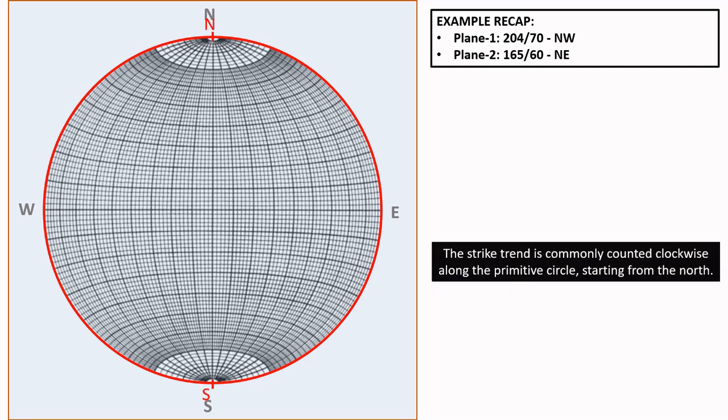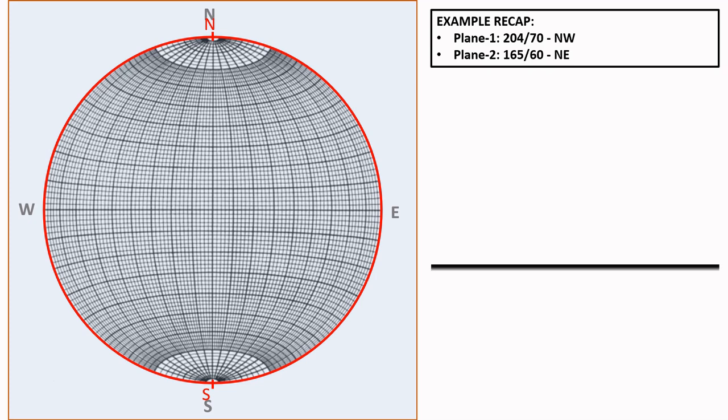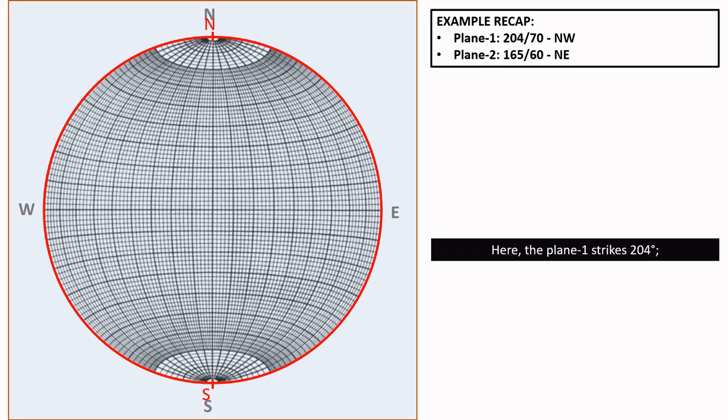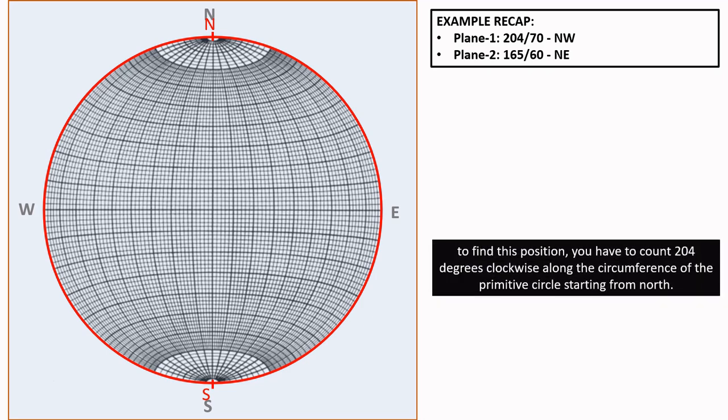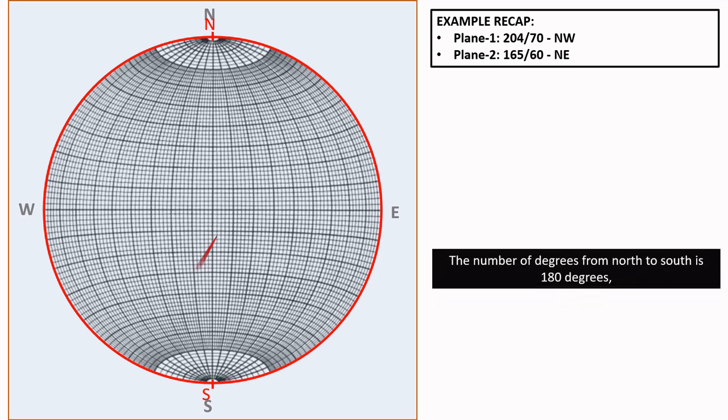The strike trend is generally counterclockwise from the north. Here, the plane 1 strikes 204 degree. To find this position, you have to count 204 degrees clockwise along the circumference of the primitive circle, starting from the north. The number of degrees from north to south is 180 degrees.